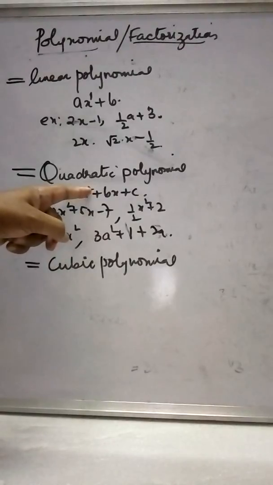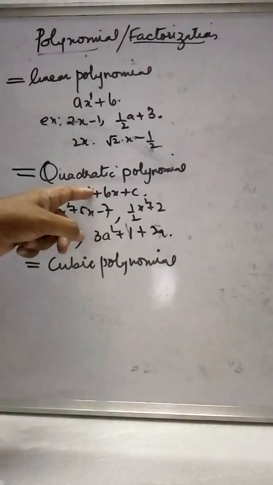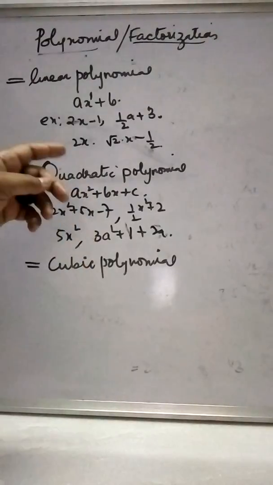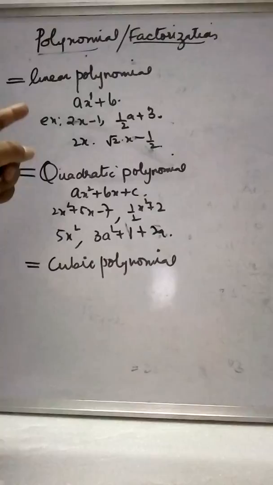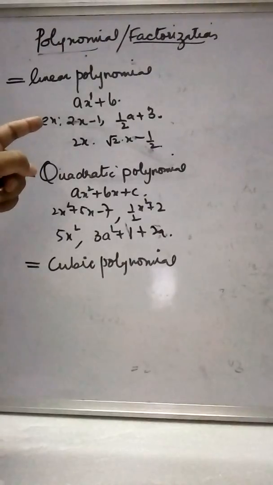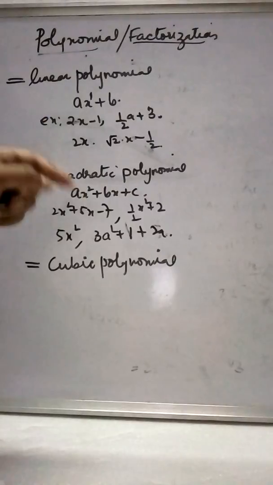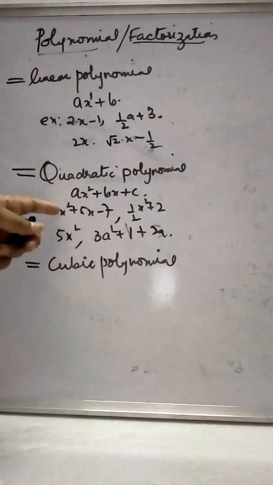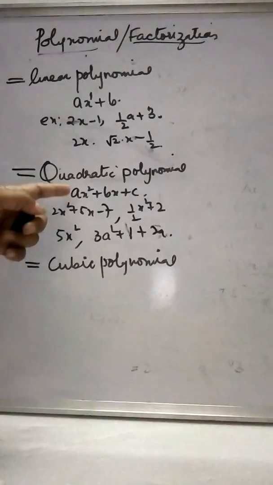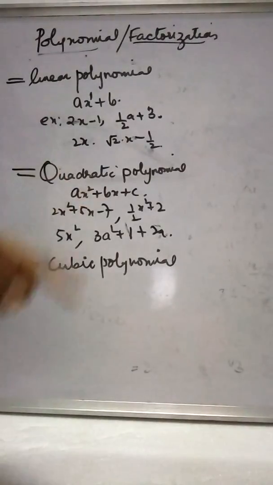Degree means the highest power of the variable will be 2. Then only we call it a quadratic polynomial. So if the variable has the highest power as 1, it is called a linear polynomial. And if the highest power of the variable in a polynomial is 2, it is called a quadratic polynomial.